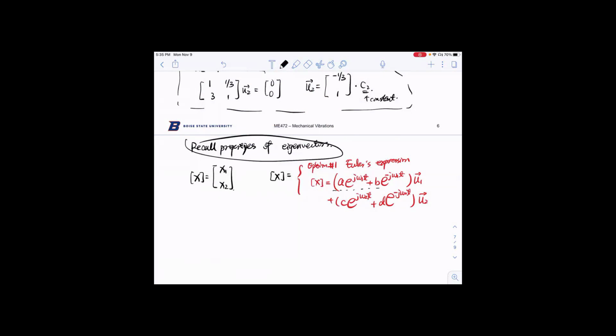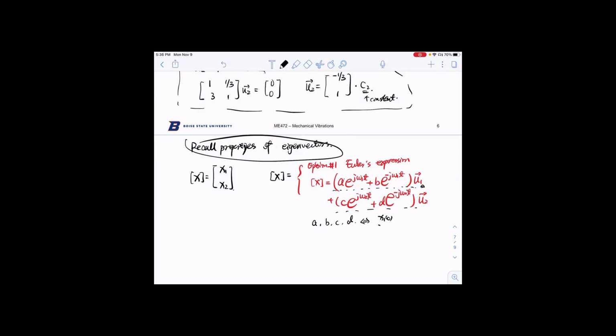For each natural frequency and mode shape, you have one expression with two unknowns. In total, you have A, B, C, and D, 4 unknowns.